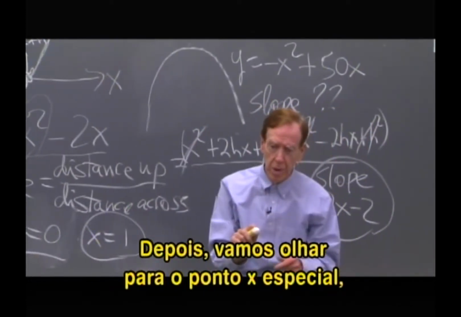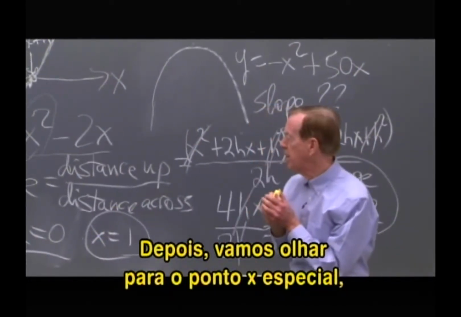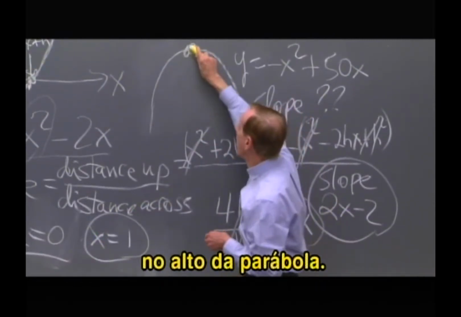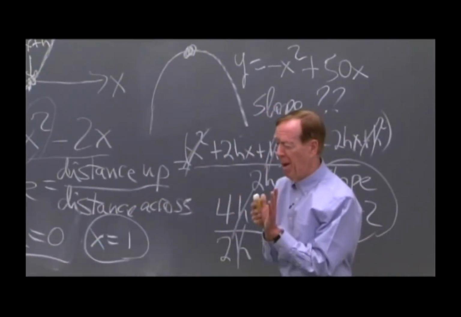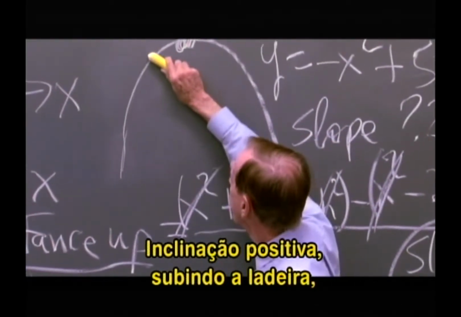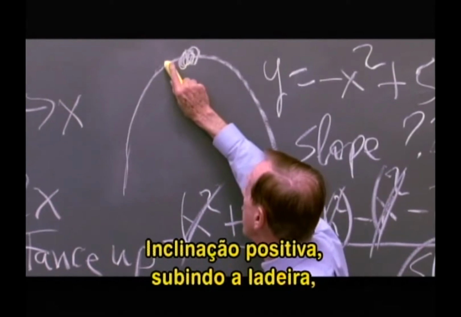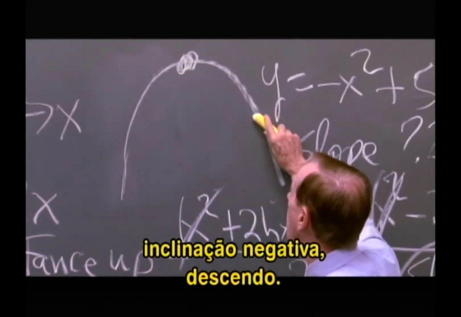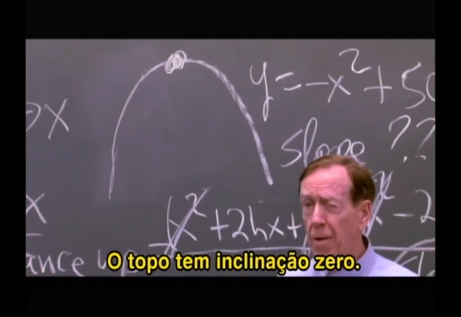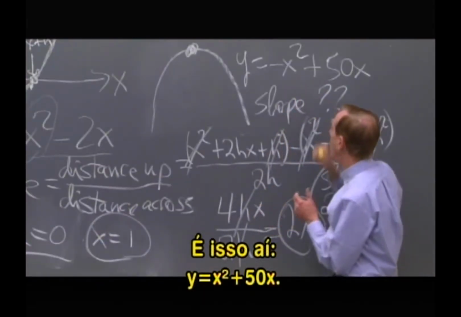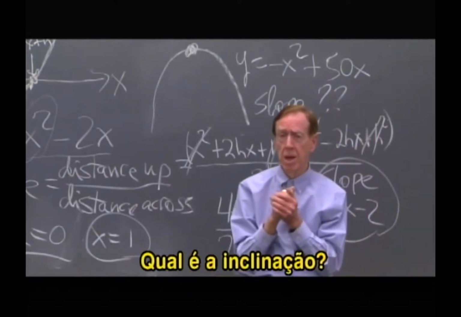And then, of course, we're going to look at the special point x, which will be that guy at the top, that'll be a maximum now. But again, it's going to be a slope 0. Slope positive coming up, climbing the hill, top of the mountain, slope negative coming down. The top is identified by slope 0. Okay, there you go. Minus x squared plus 50x. What's the slope?